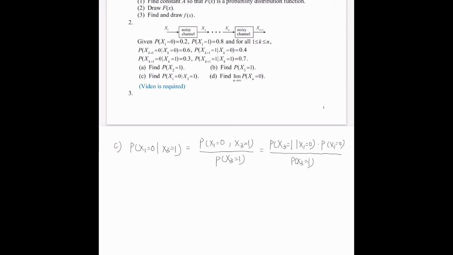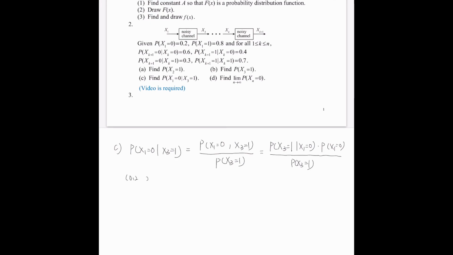So we need to find the probability of x3 equals 1 given x1 equals 0. To find this, we need to calculate the matrix 0.6, 0.4; 0.3, 0.7 squared, which equals 0.48, 0.52; 0.39, 0.61.